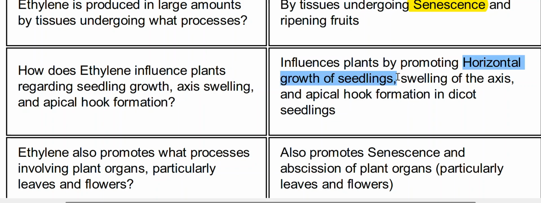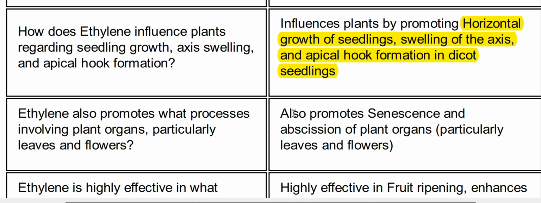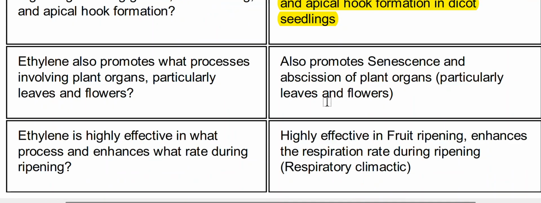It causes horizontal growth of seedlings, swelling of axis and apical hook formation in dicot seedlings. And senescence and abscission of plant organs. Ethylene promotes these processes in plant organs, particularly leaves and flowers.